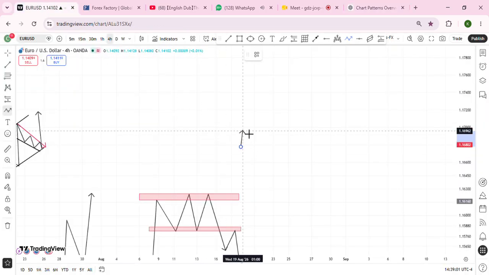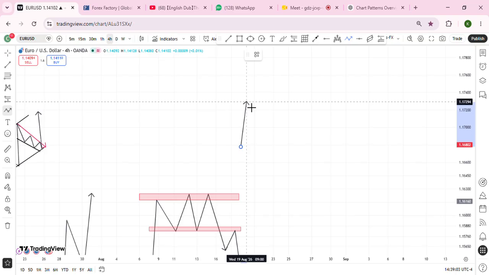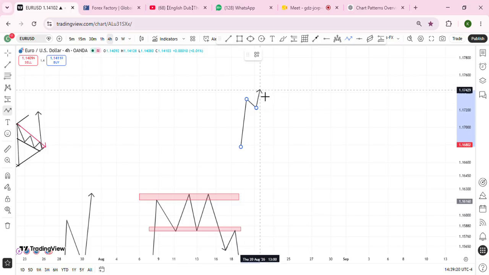So how does a rising wedge form? A rising wedge forms when the market goes up, and then when the market is towards your resistance zone, it starts consolidating. When the market starts consolidating towards your resistance zone, that's now when we will be having what we call a rising wedge.